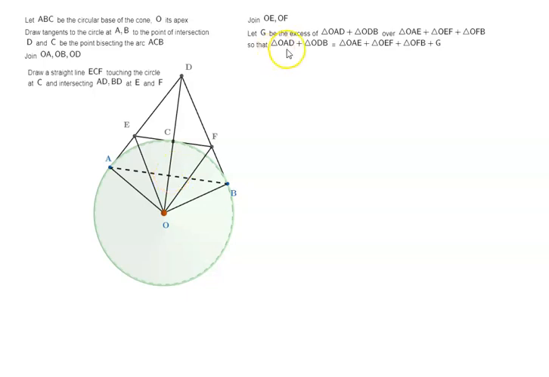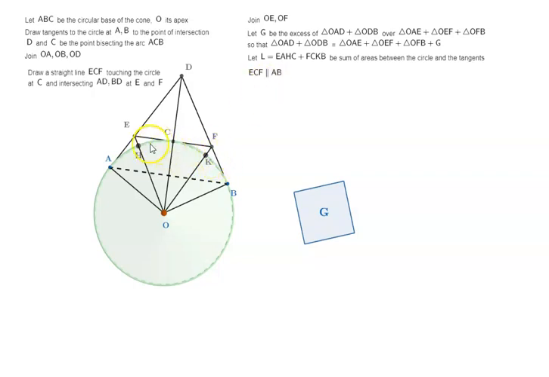So that OAD plus ODB is equal to triangle OAE plus OEF plus OFB plus G. Let L be equal to the sum of the areas between the circle and the tangents EA. So EAHC, this part and this part.